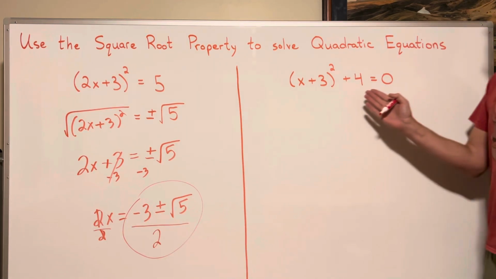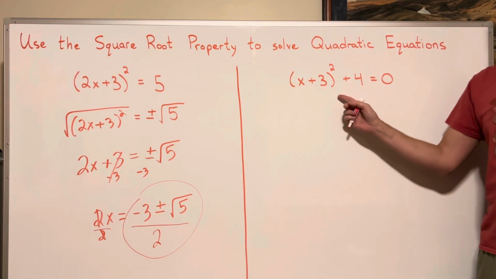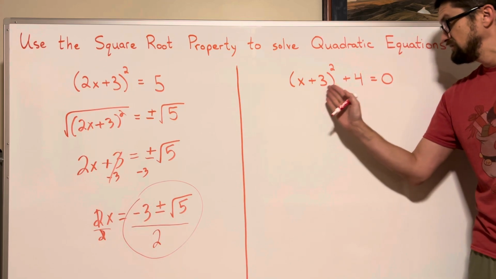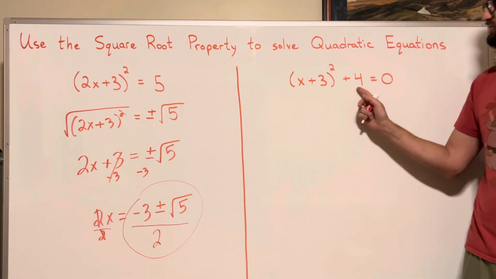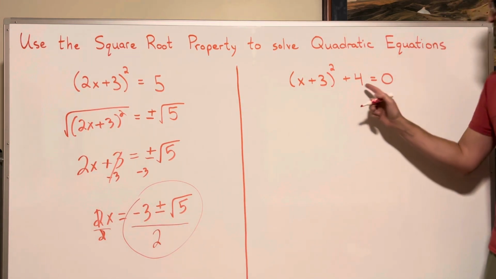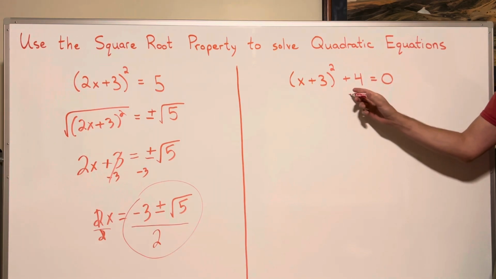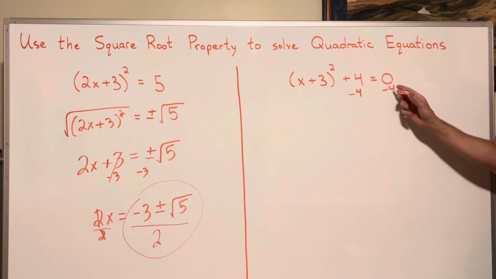All right, the next one here is a little different because of this plus 4. The first thing you want to do here is subtract 4 on both sides.